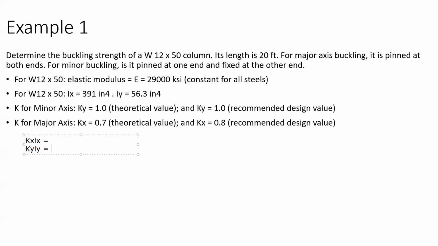Kasi hanggang dito lang yung kinoconsider natin na makakatulong when it comes to the buckling of the beam or the column. So kaya natin ginamit yung case kanina. So for the minor axis, that is 1.0. So lalagay natin dito 1.0. So this is the value of your K times your effective length.